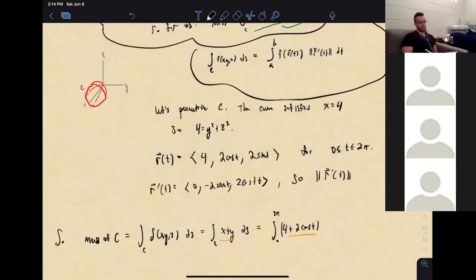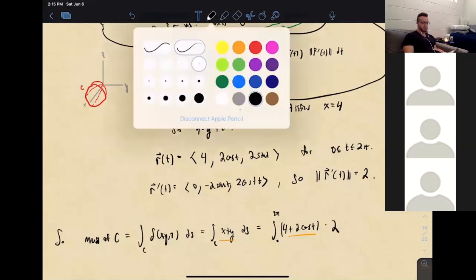So its magnitude is, let's see, 2, I think. So I multiply this guy by 2.